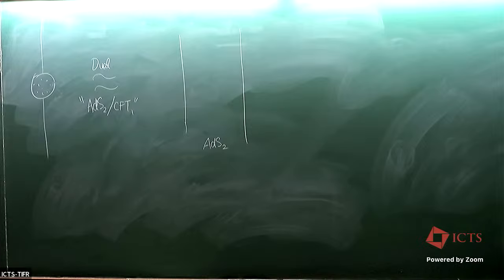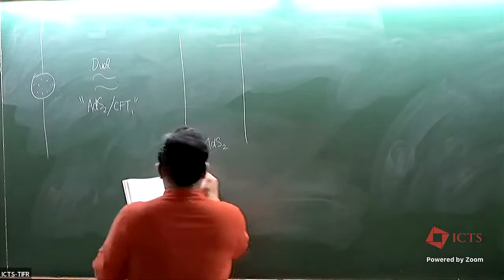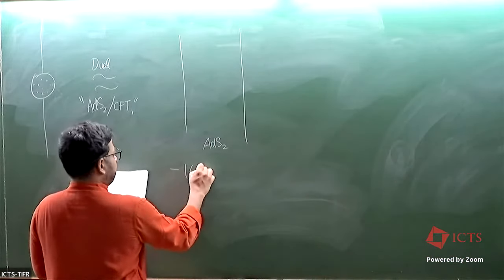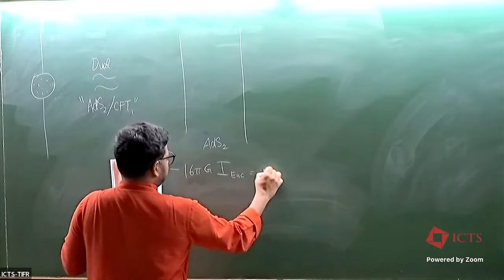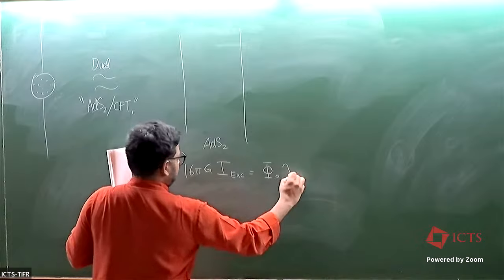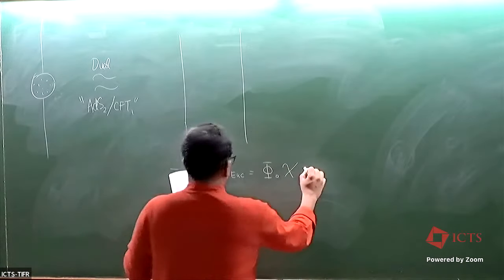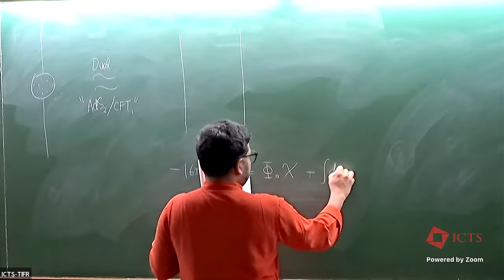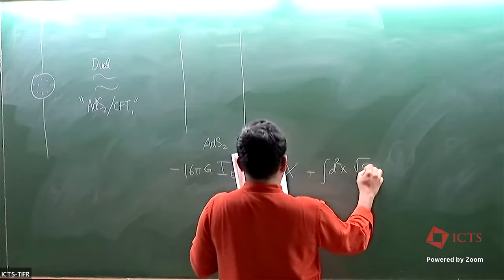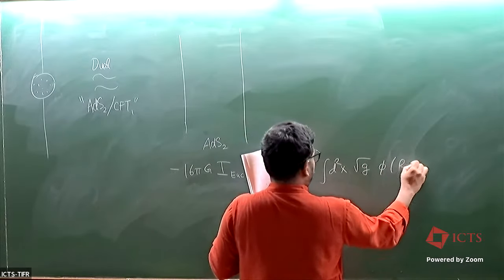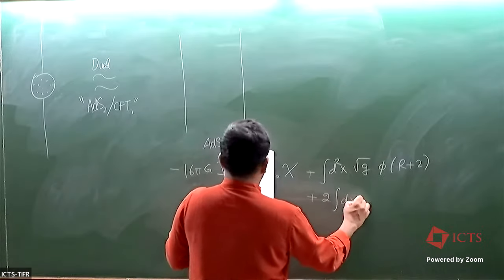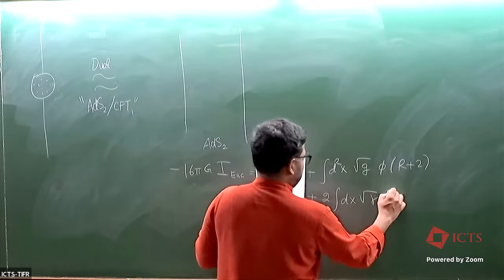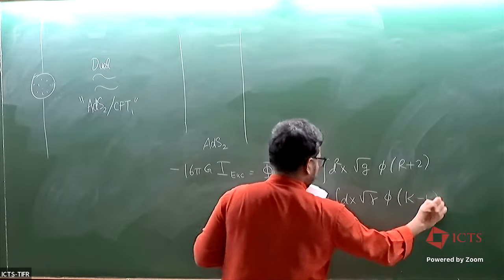So the action that is supposed to go here is minus 16 pi G I Euclidean equals phi naught chi plus integral d^2x root g phi (R plus 2) plus 2 integral dx root gamma phi (K minus 1).